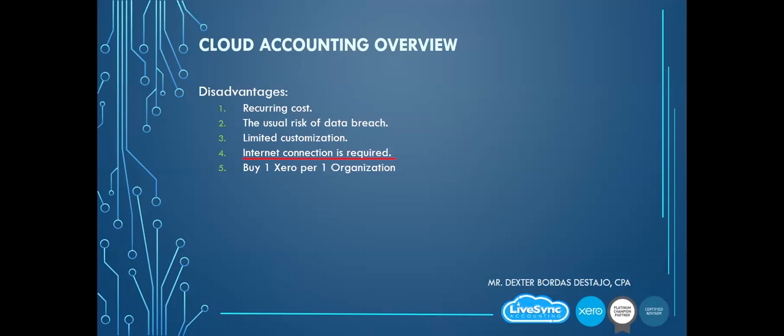It could be QuickBooks or another accounting system or cloud accounting system, you would need to buy one license per organization. Unlike when you buy a CD, right? When you buy a CD and install it, you can actually create multiple companies, right? That's very true. But in cloud technology, this is a disadvantage because you have to buy a separate license, a separate subscription, per organization.